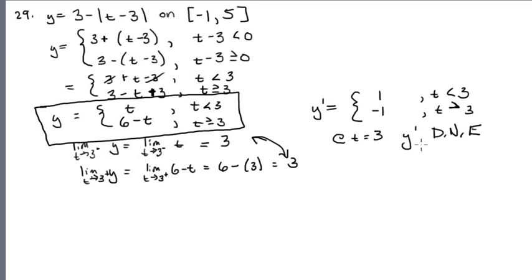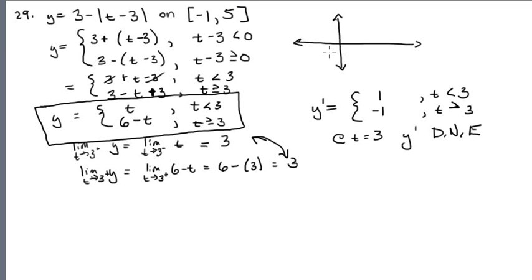Okay? And you can see that if I look at my original function, y equal to t for t less than 3, and I quickly plot this, here is my graph.